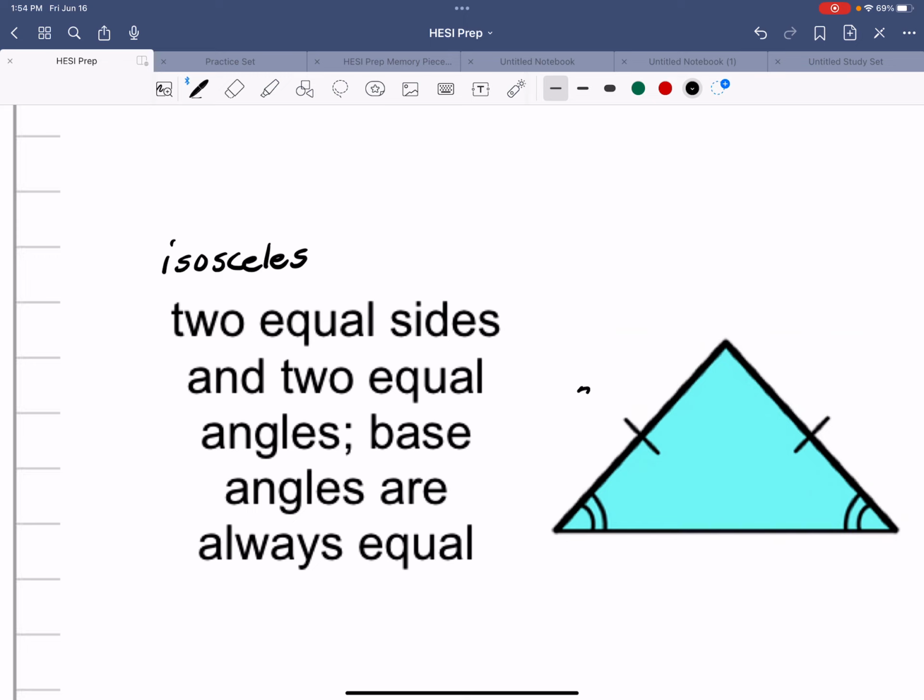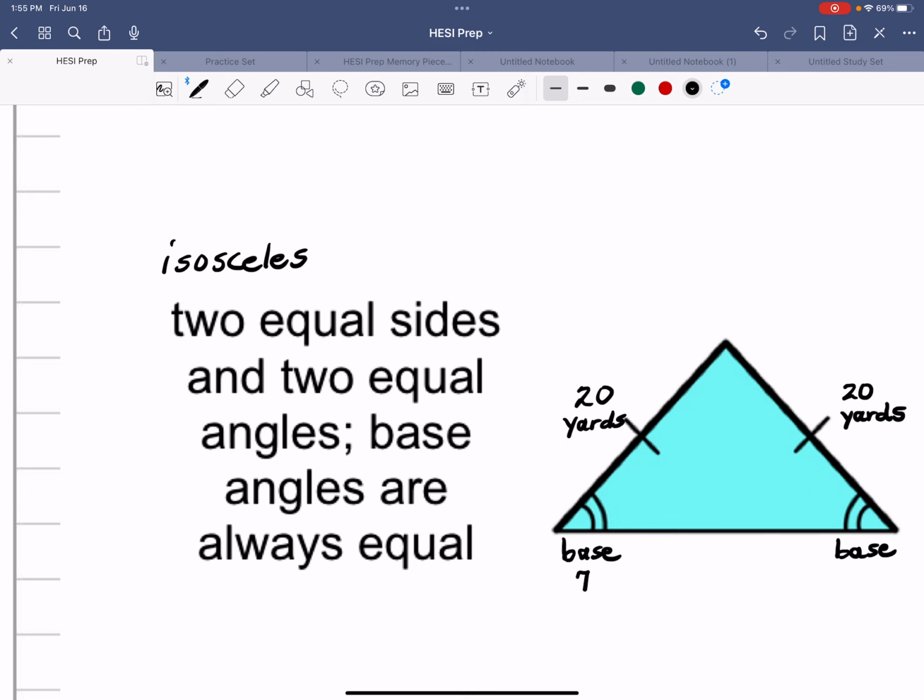So if this is 20 yards, that one tick mark corresponds to this one tick mark. So that tells me that those two are equal. And then these two little lines down here at the base angles are telling me that those correspond, meaning they're the same.